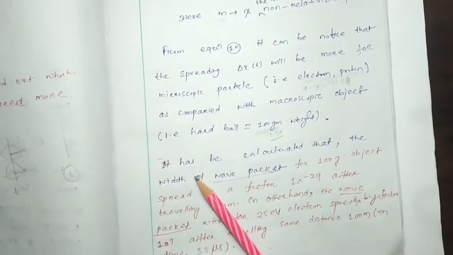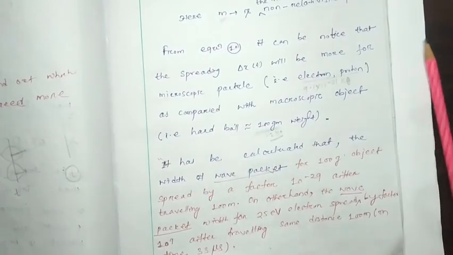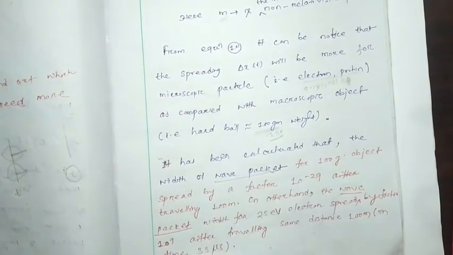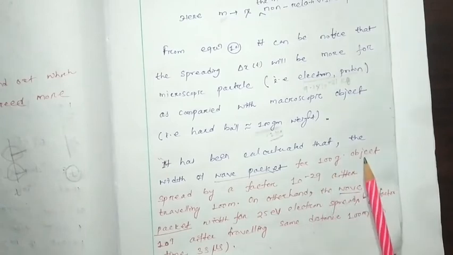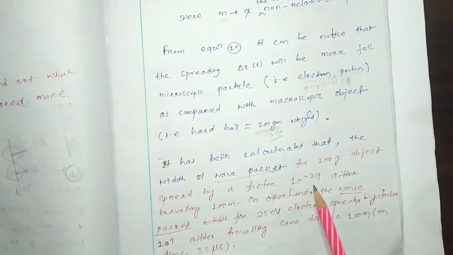So in theoretical manner it has been calculated that the width of the wave packet for a 100 gram object spreads by a factor of 10^-29 after traveling 100 meter.